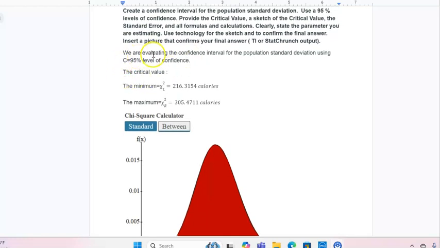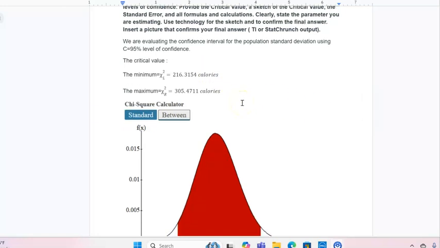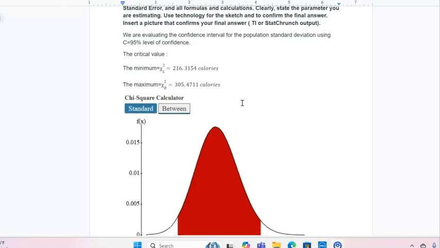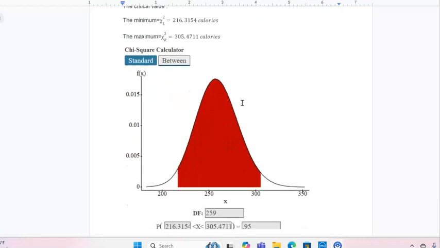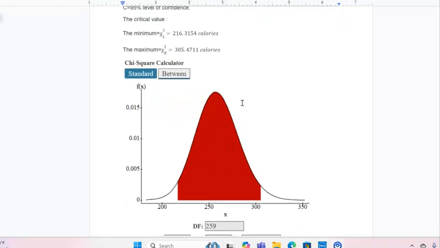So in this problem, we're going to be evaluating the confidence level for the population standard deviation using a confidence level of 95%. For the critical values, we used the StatCrunch output with the chi-square calculator.